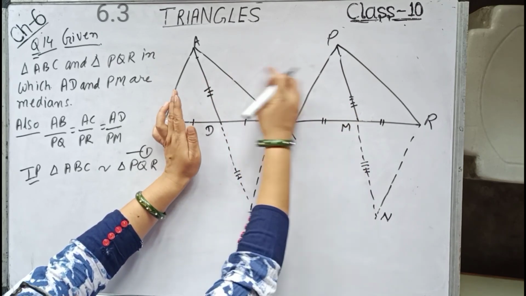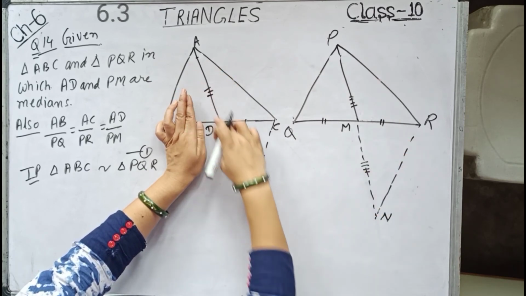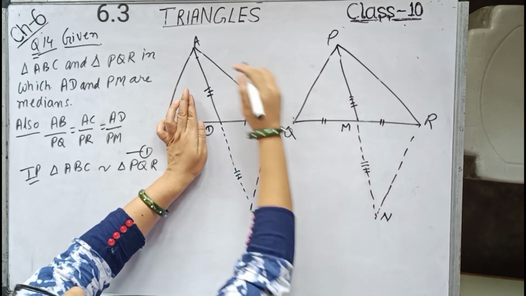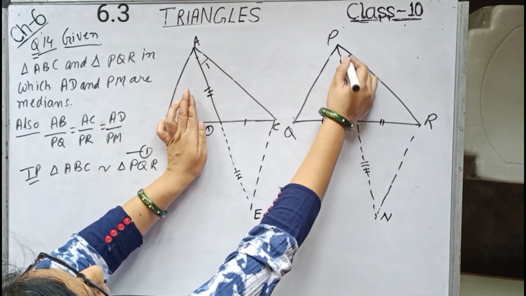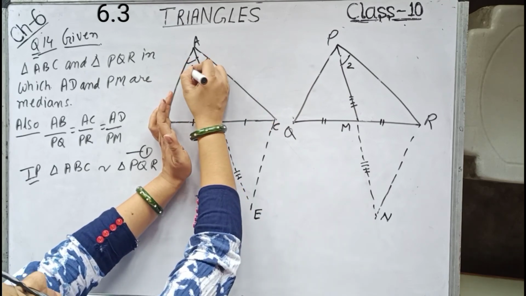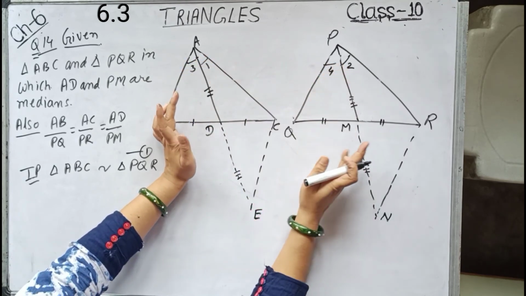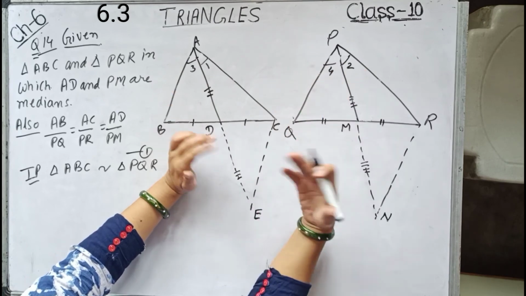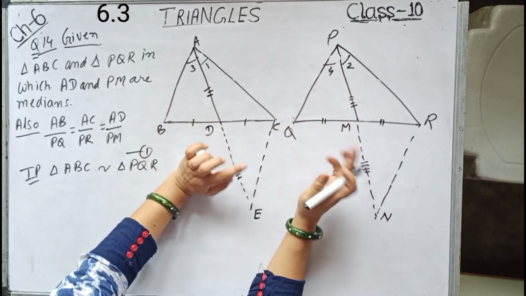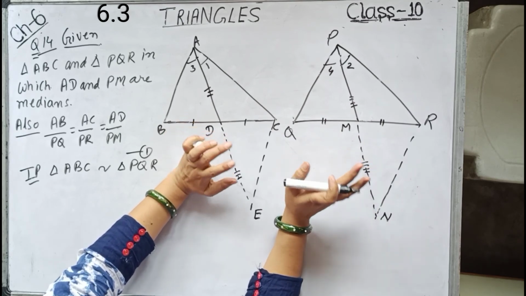So what we got, this by this equals this by this equals this by this. So this bigger triangle is similar to this bigger triangle. So we will be getting angle 1 equals angle 2. Similarly angle 3 equals angle 4, and then angle A equals angle P, and hence we get triangle ABC similar to triangle PQR. This is one way of proving.